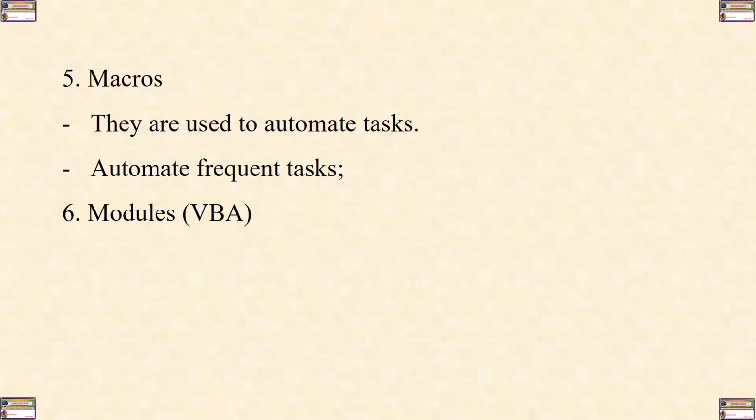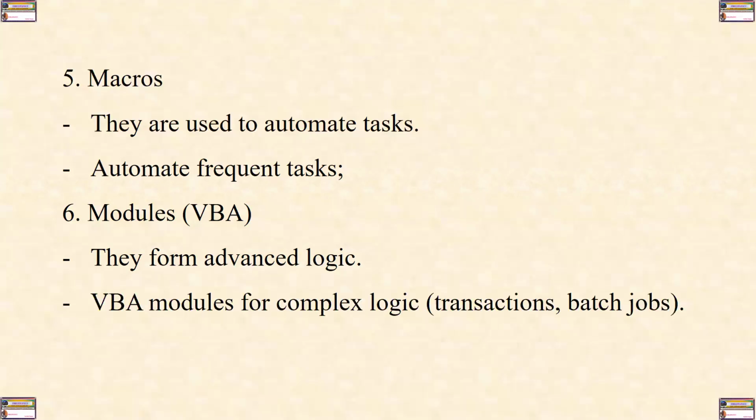We also have what we call modules, like the modules that we find in Visual Basic. These are the objects that we use when you want to perform advanced database operations, or what we call advanced logic.